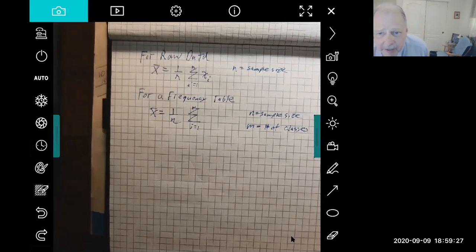So this time I'm going to add up not for all the individuals, but for all the classes. So the little m here is the number of classes, like maybe you got from Sturges's rule to decide how many bars to put in your histogram.